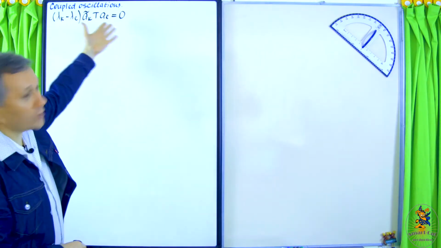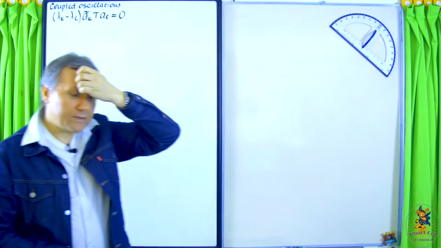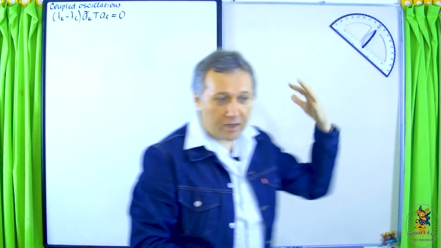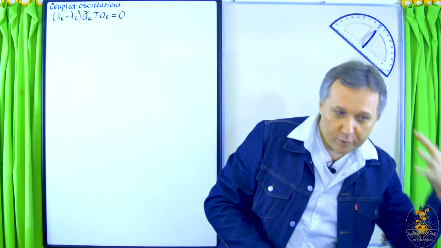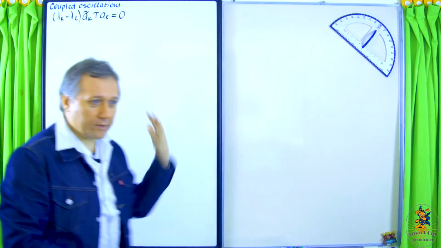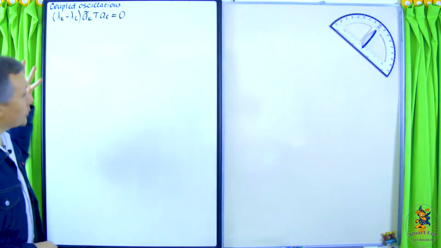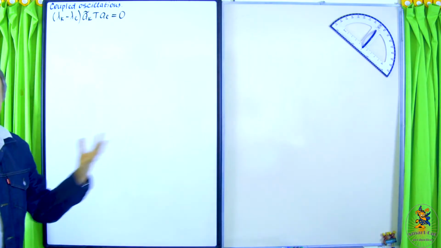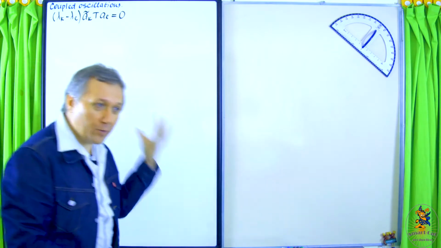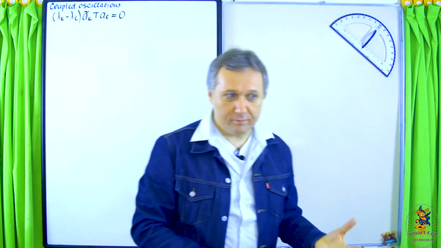That tells us that our eigenvectors are automatically orthogonal to each other, which is great, because we want to use these eigenvectors eventually as the basis for our general solution.